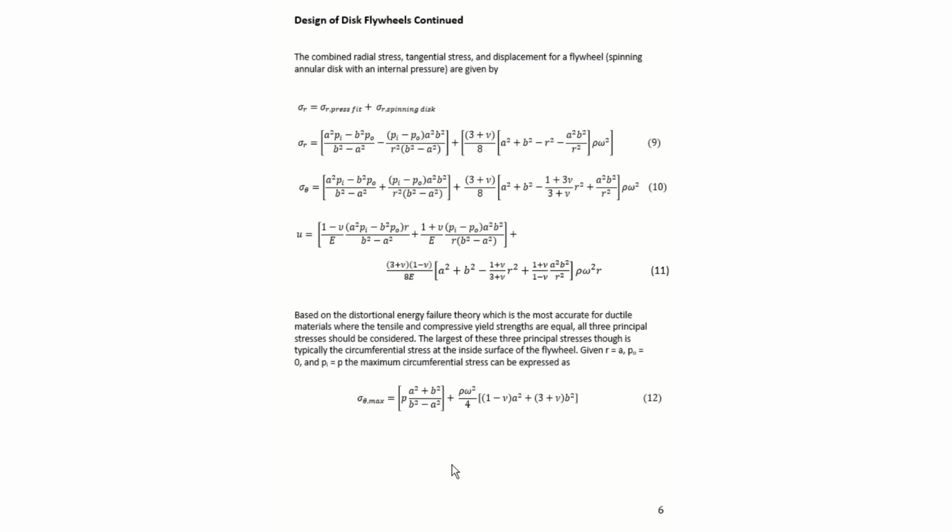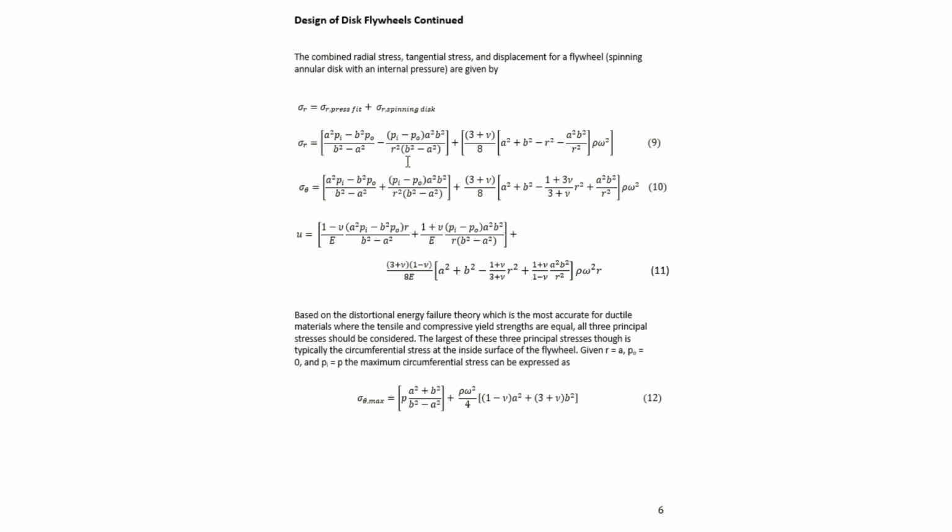When we look at the combined stresses due to the flywheel spinning and an internal pressure, these are the equations that we get. For example here, sigma r is a superposition of the press fit pressure plus the spinning disk stress. This equation right here should look familiar from when we talked about press fits and stresses in thick-walled cylinders.